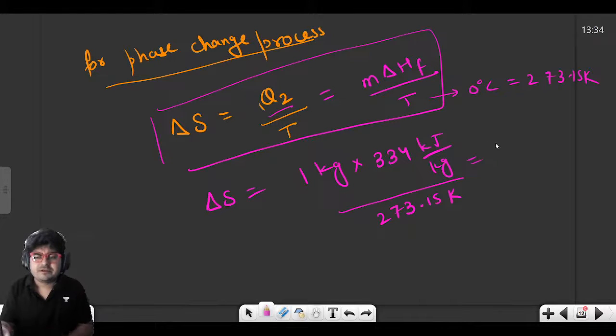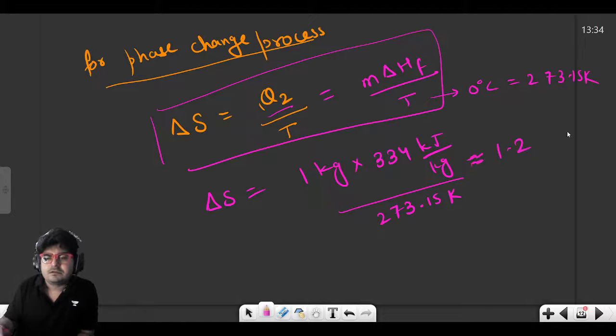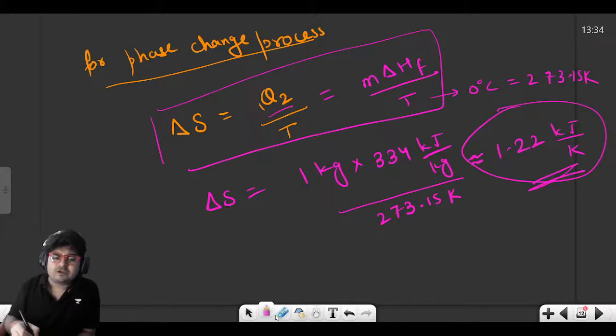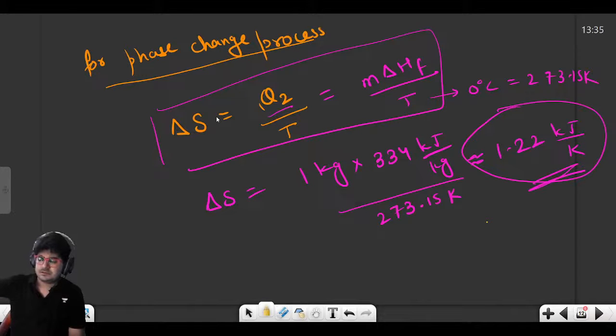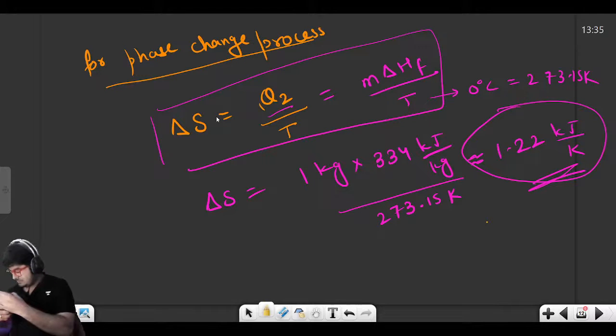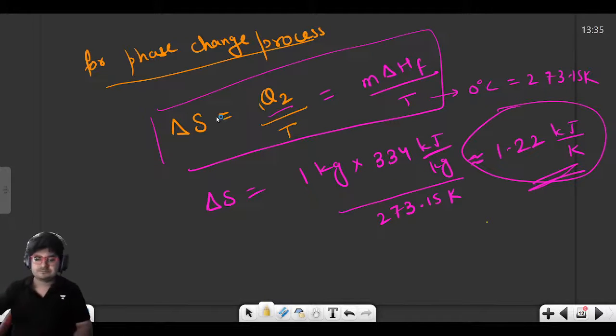Almost 1.2, correct. 1.22 kilojoule per Kelvin. So this is the total entropy change for the ice to water process, melting process. That's how you can find out the entropy. So I hope it is clear.